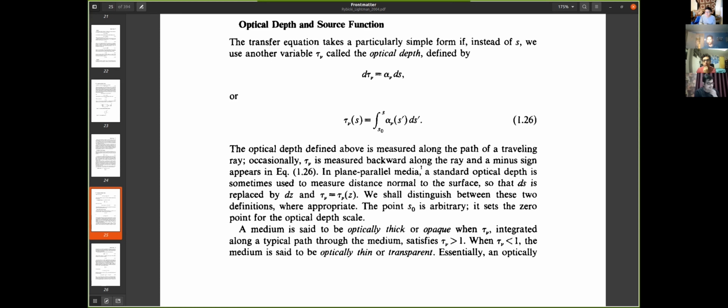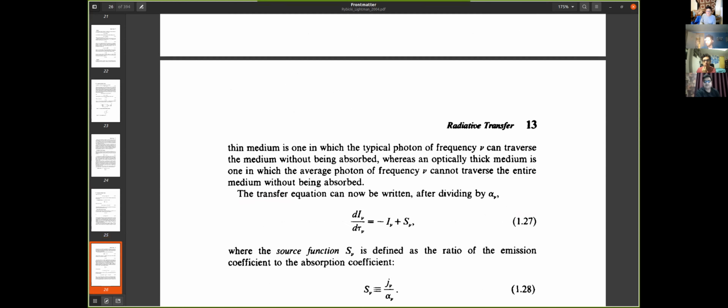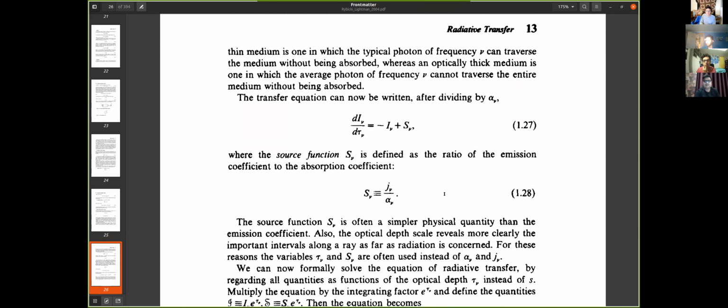So the next step is to write the radiative transfer equation in the form of optical depth, as it is easy to understand the equation. What the author has done is introduce another term known as the source function S nu.